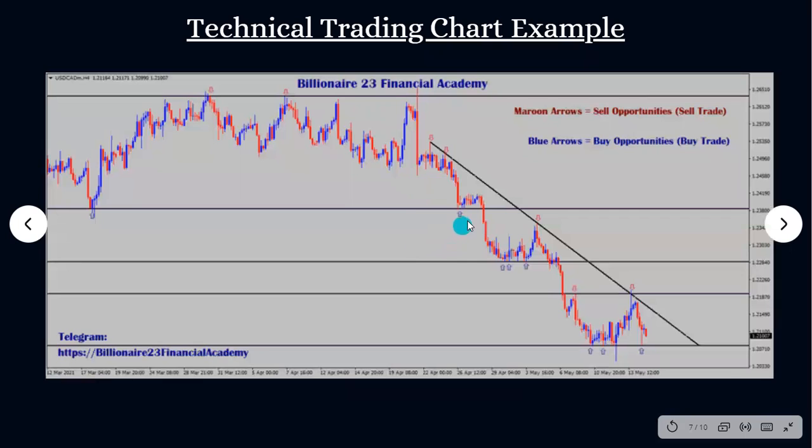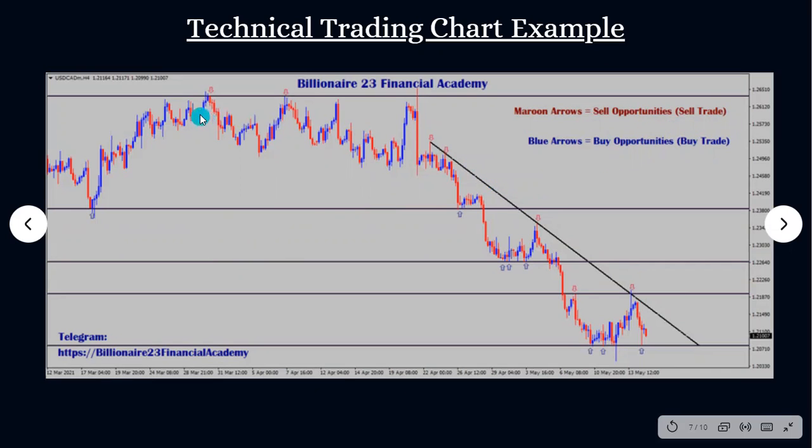So this is an example of a technical chart. In this chart, we have a horizontal line, we have candlesticks, and we have a trend line going down. As you can see here, the blue arrows signify buy opportunities or buy trades, and the maroon arrows signify sell opportunities or sell trades.